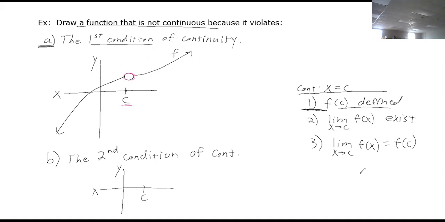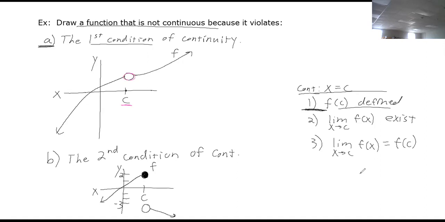Now, maybe there are different pictures I could draw here. Maybe I'll draw something that looks like this. Here's 1, here's 2 on the y-axis. Maybe my function does like this and has a solid circle right here. And maybe 1, 2, 3, we're at -3 here on the y-axis. And then the other piece of my function does like this. And this is my function f.